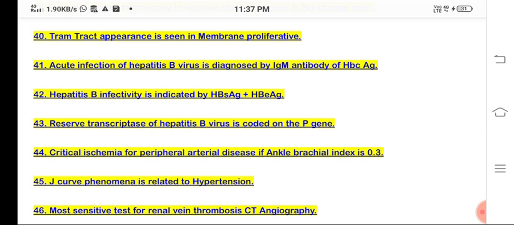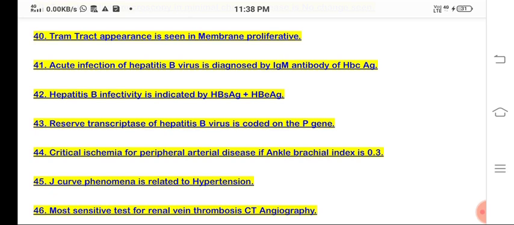membranoproliferative glomerulonephritis. Acute infection of hepatitis B is diagnosed by IgM antibody for HBc antigen, and acute replicative means when the infection is active, it will be along with HBeAg. So that is hepatitis B infectivity.